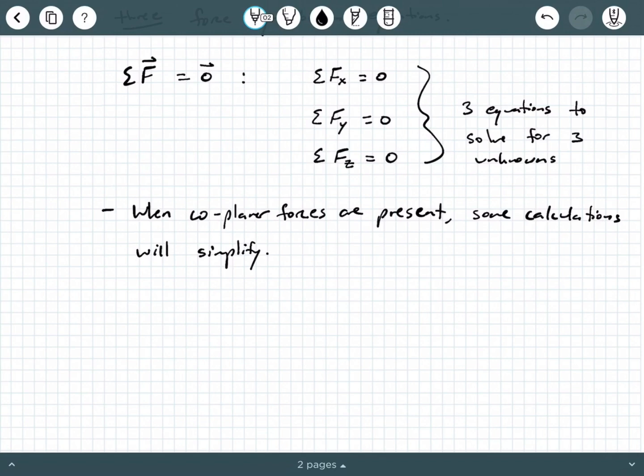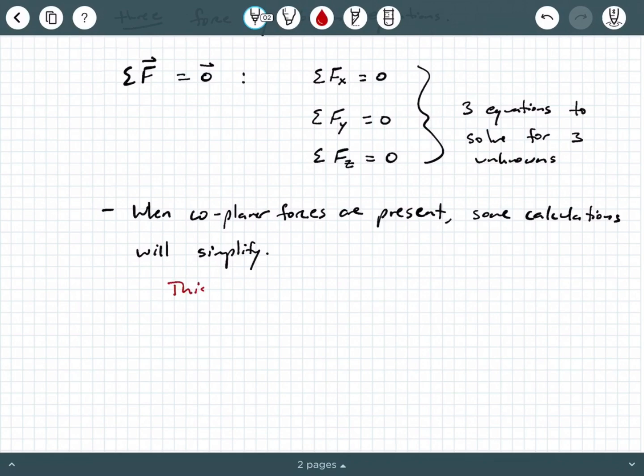So while the whole system may be 3D, you may have a particular force that only has, for example, an i and a j component. Or maybe you have one force that only has an i and a k component. That would mean that that particular force is only in one plane. So we're going to make a little note of this.